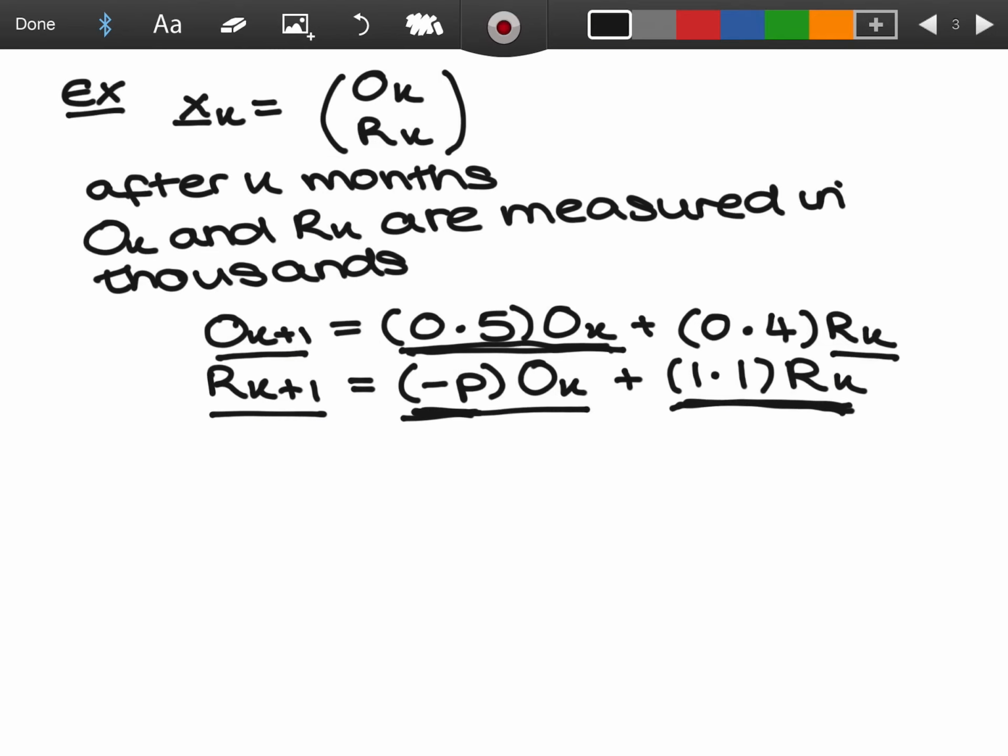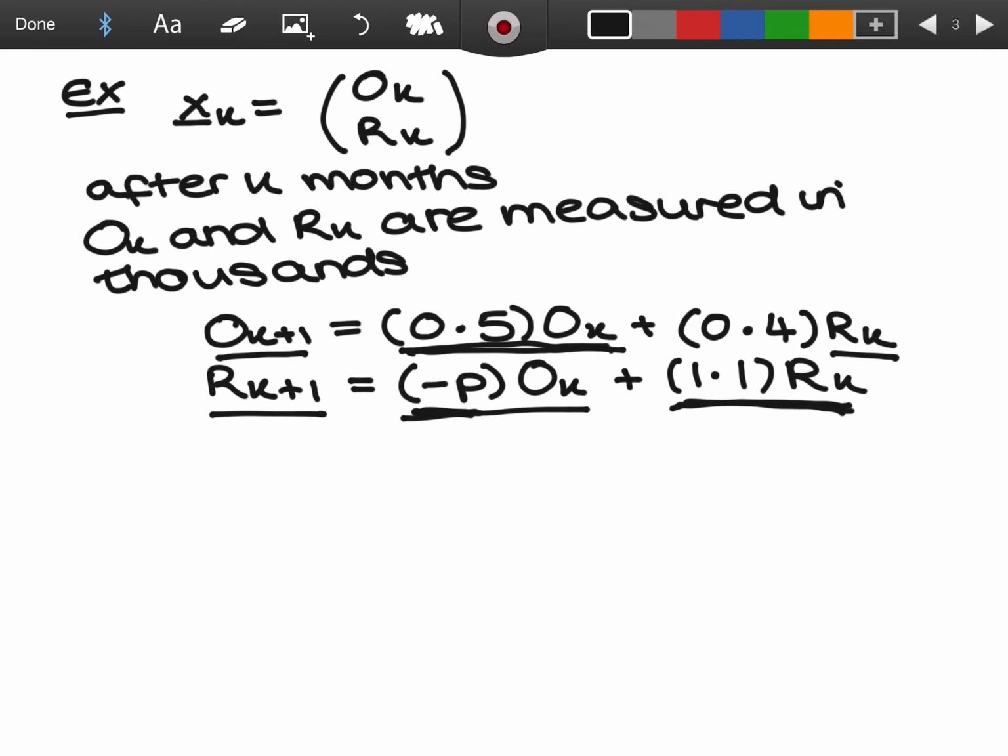So let's put this into a system. We're going to specify P depending on what's happening. It just depends on the environment that they're in, the number of owls at a particular space in time, and that's going to affect what's happening between the rats and the owls.